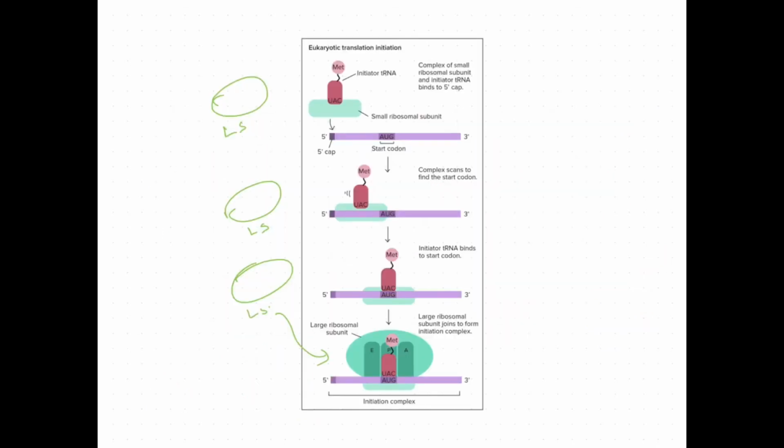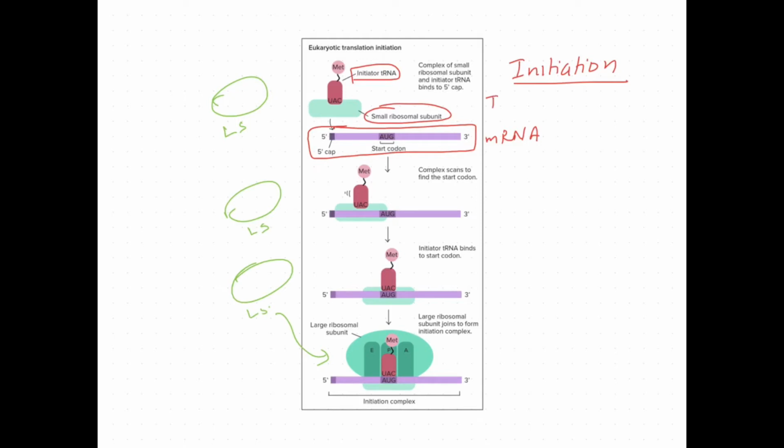Mechanism of translation. In translation, the first step is initiation, where you can see the small ribosomal subunit and a modified mRNA. The ribosome, tRNA and mRNA all have to come together. For this, they require various proteins known as initiation factors.